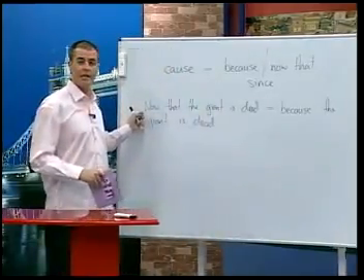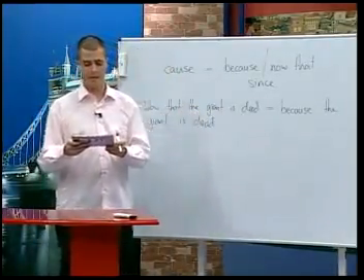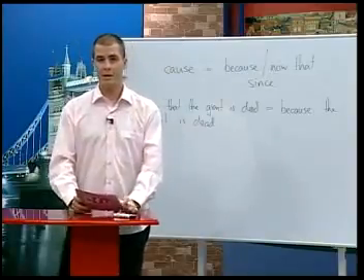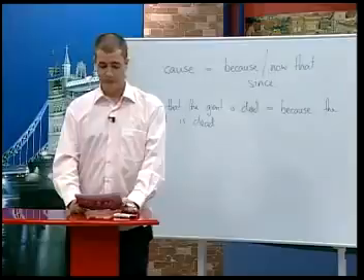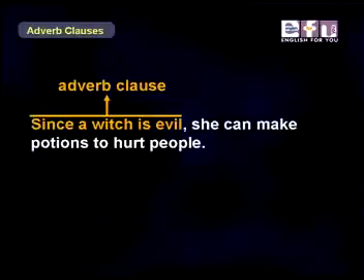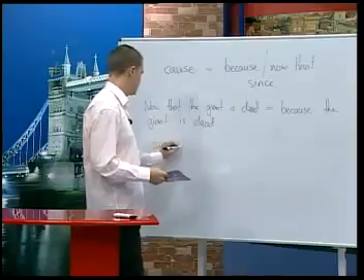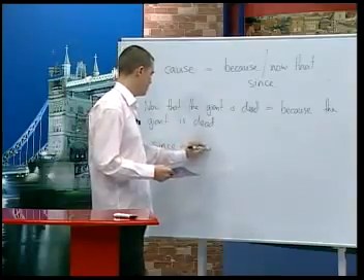Now that the giant is dead, because the giant is dead. It's the same. So we use now that for present and future situations. In the third sentence, since a witch is evil is an adverb clause. Now since means because. Since means because.